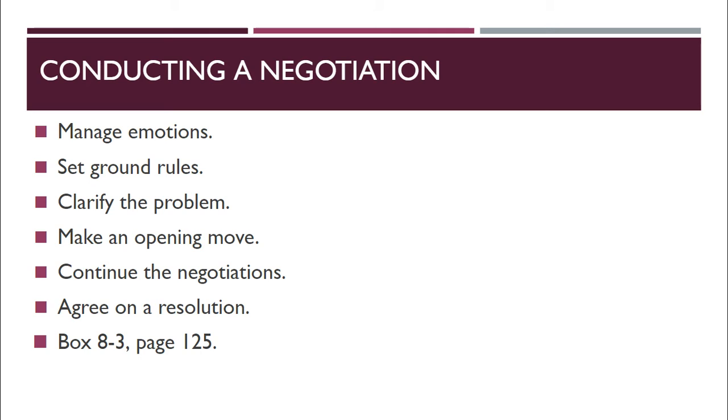You'll have the opportunity to clarify the problem, and you'll typically go back and forth between management and the other side, negotiating to identify problems on both ends. And then you'll discuss the opening move. You'll discuss what negotiations can be made.